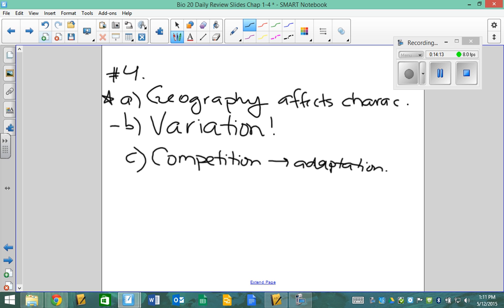Now the last one is number 6. Number 6 says, an athlete breaks her leg. Years later, she has a child who walks with a limp. Is this an example of a trait being passed on from one generation to the next? And I hope everyone is saying no, which is what I hear.